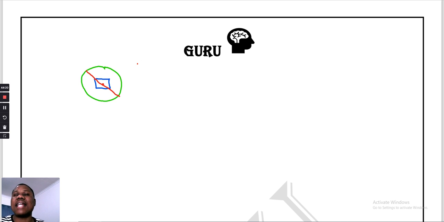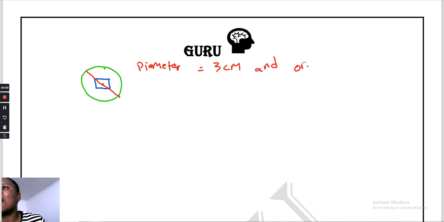And the diameter of this coin is equal to 3 centimeters, meaning that when they measured from this point to this point, it is 3 centimeters.